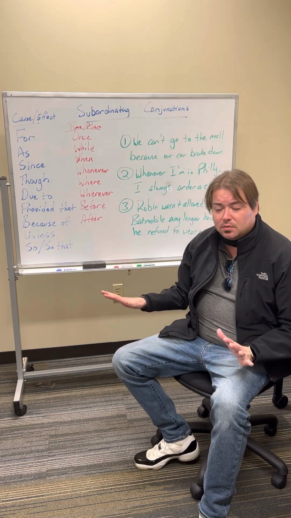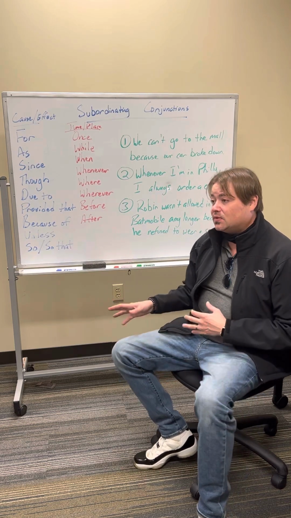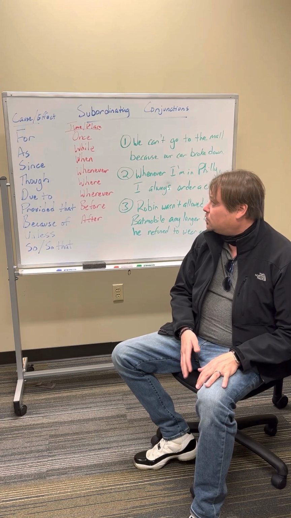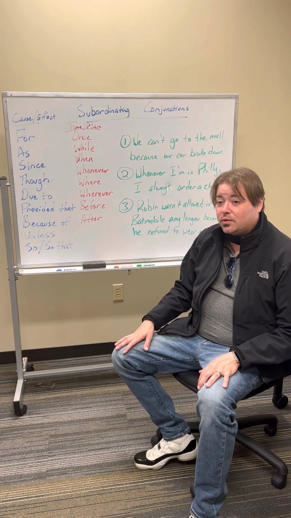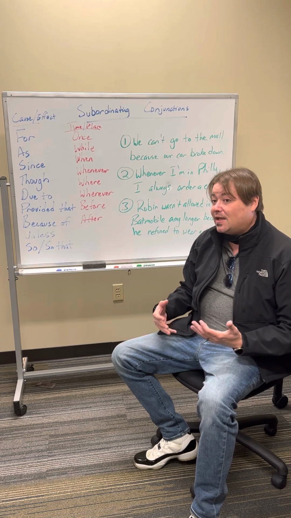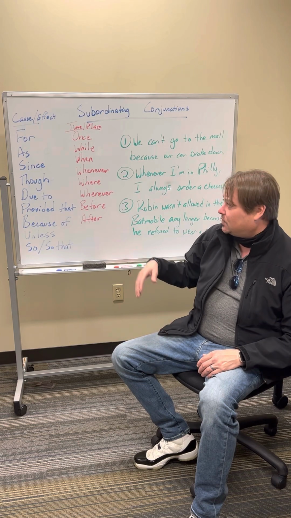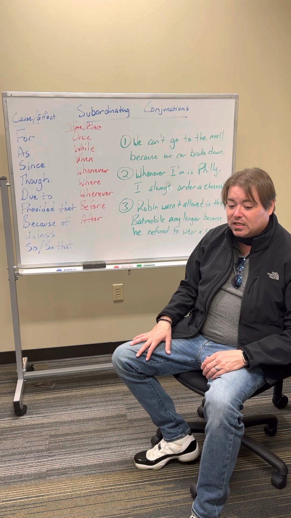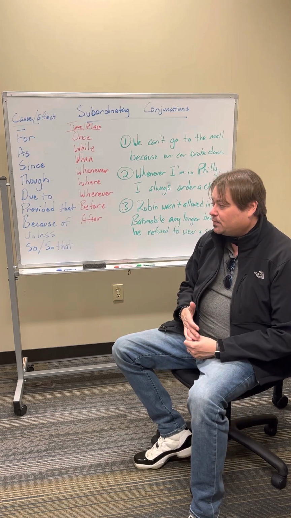But the most important thing that we're taking a look at here is the difference between a coordinating conjunction, which, if hopefully you've watched that video, deals with the acronym FANBOYS. So there are only 7 coordinating conjunctions, and the first letters of each of their individual words forms the acronym FANBOYS.